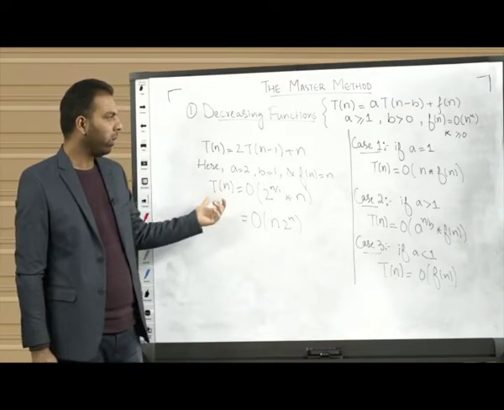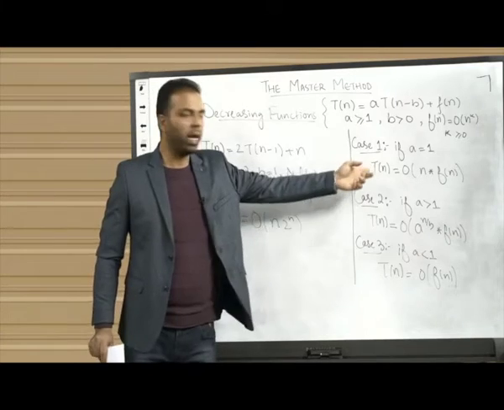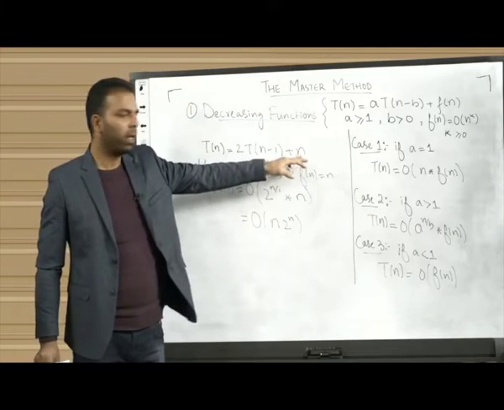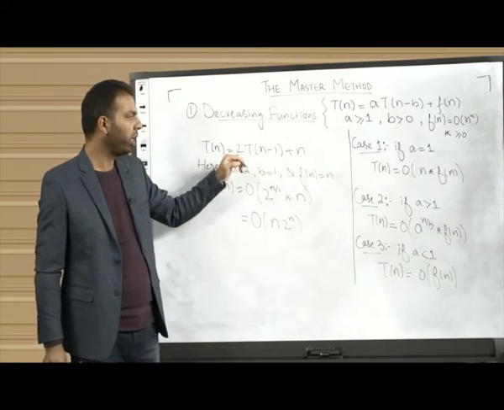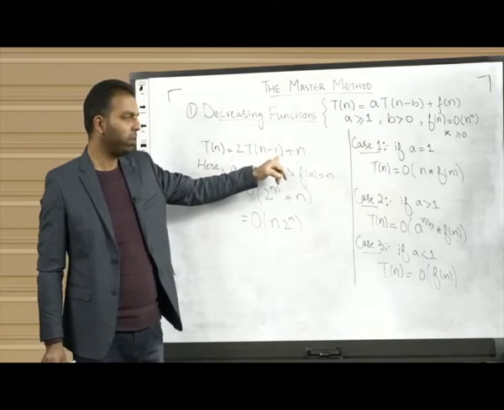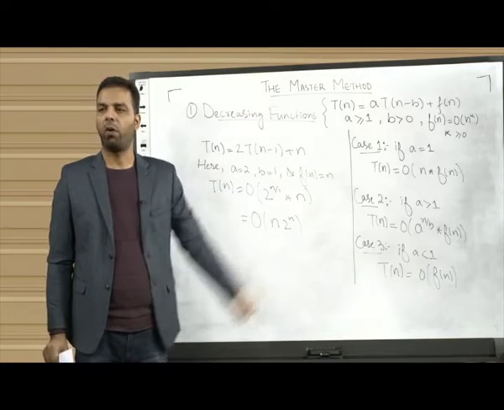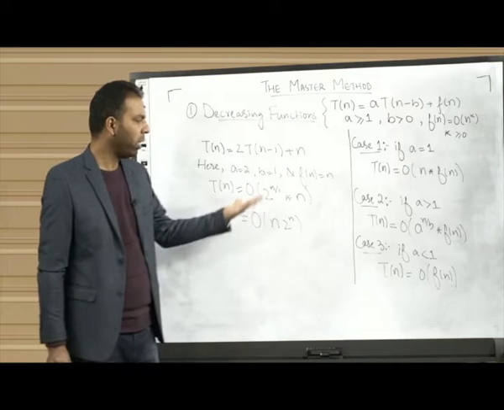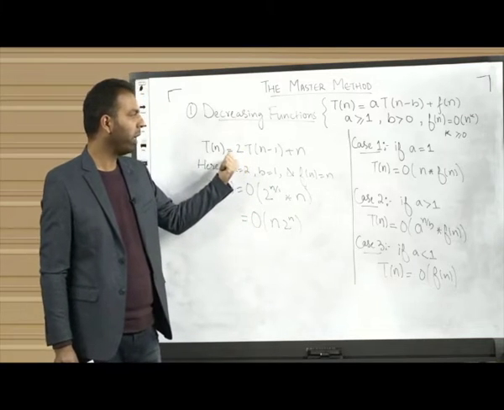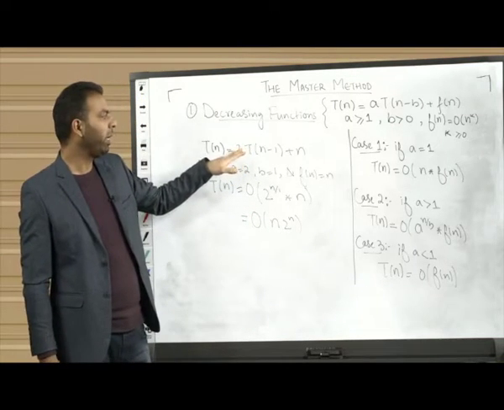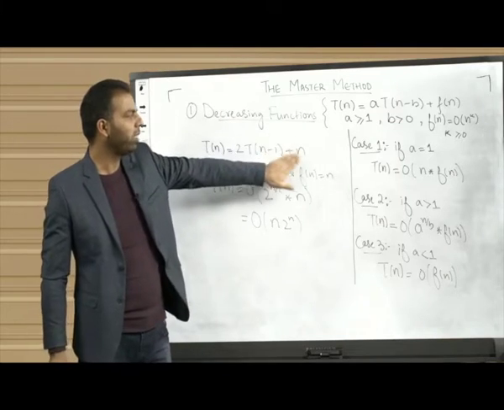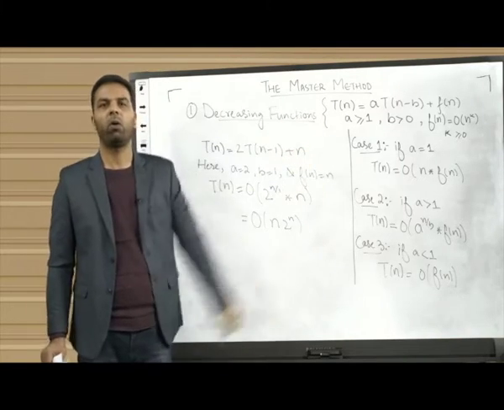We simply used it here. In the first case, we took n and multiplied by f(n), whatever was here. And in the second case, we took the coefficient raised to the power n divided by this b and multiplied by f(n). The third case is when a is less than 1. At that time it will be negative. What you have to do is simply take whatever is your f(n), that will be your order of n.